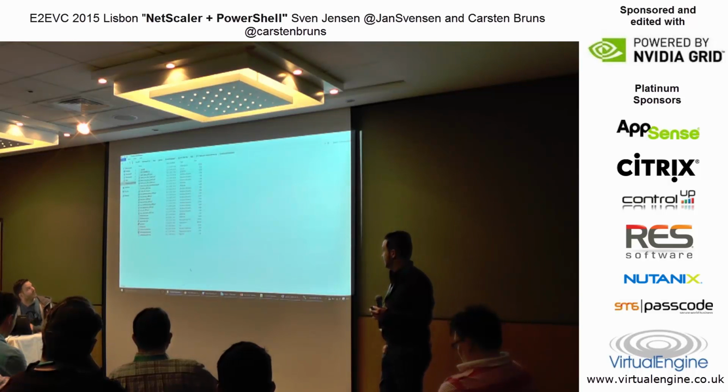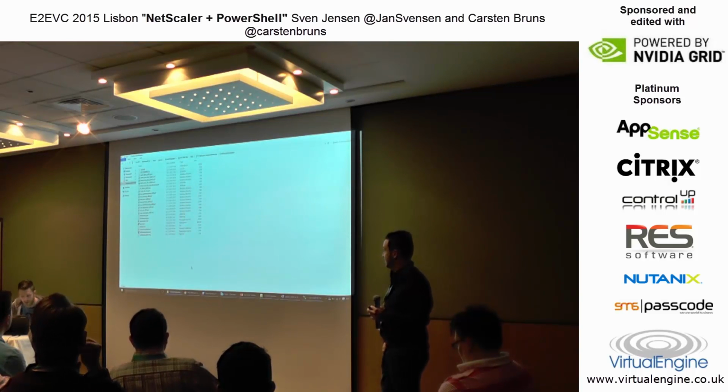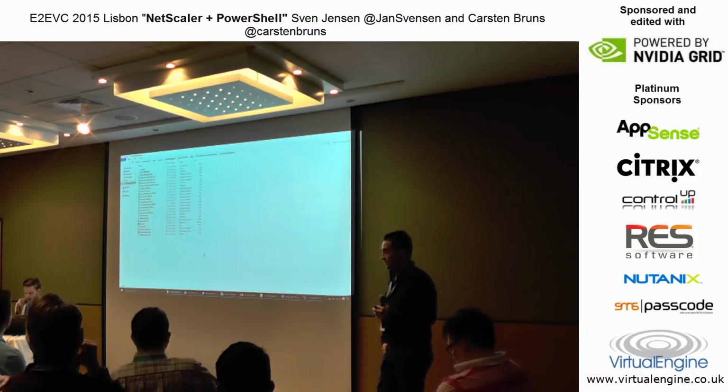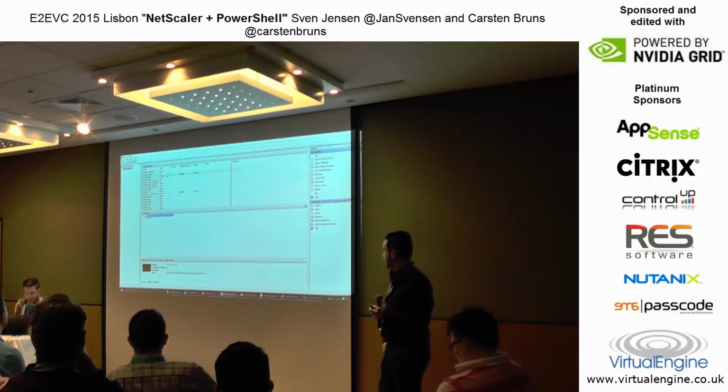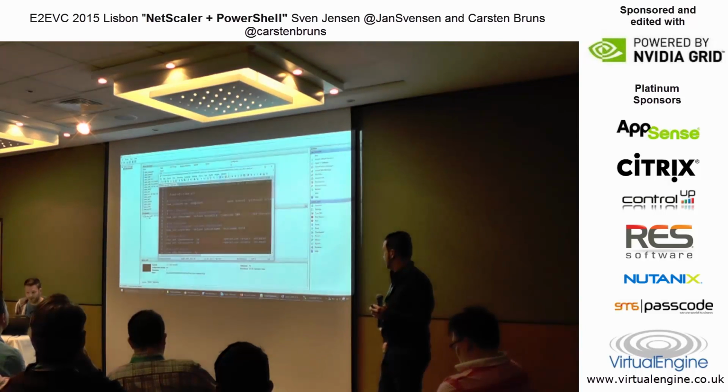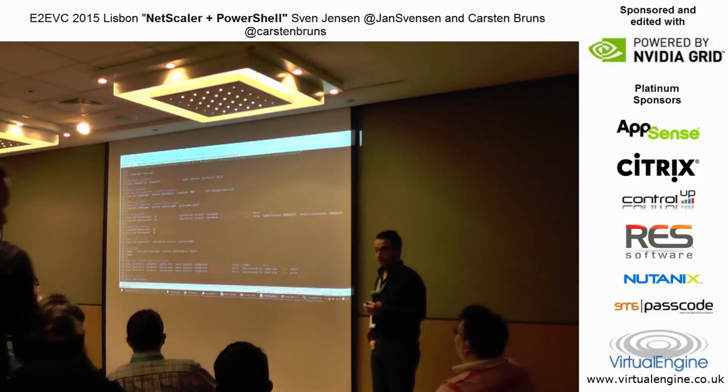Okay, so what I have here is a bunch of scripts that include my functions. And this is the console of my NetScaler running on my local Hyper-V, which is here. So what I'm going to do first is, can you read this? Yeah. Okay.